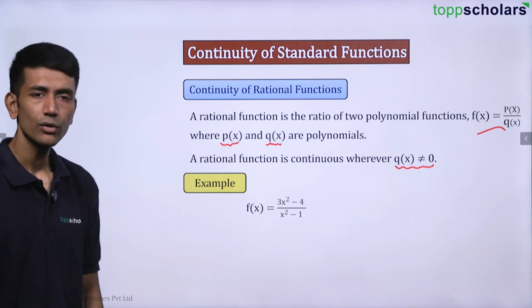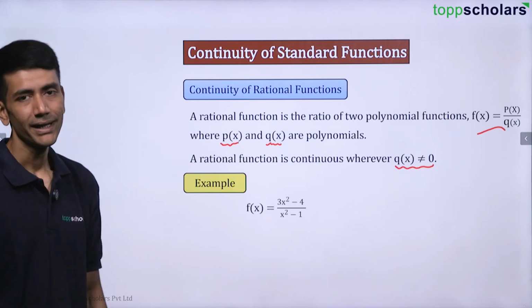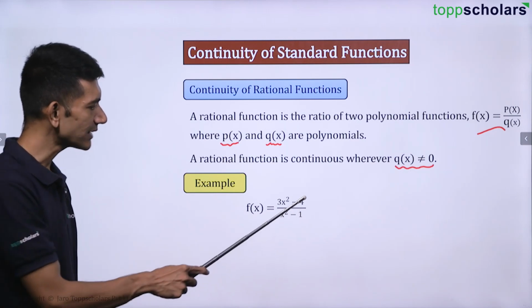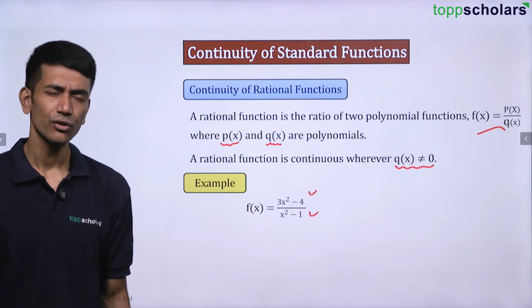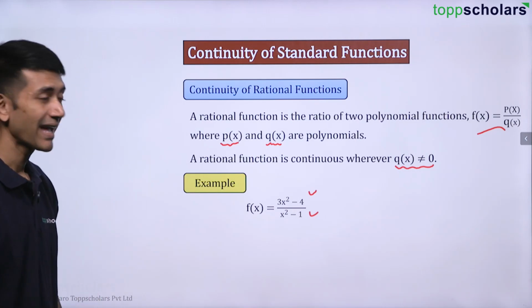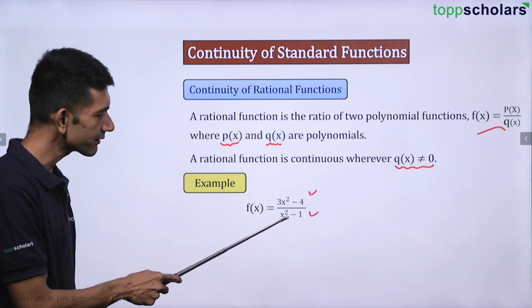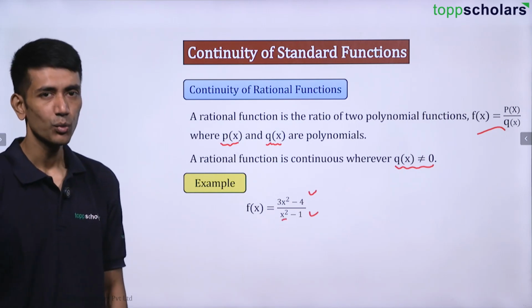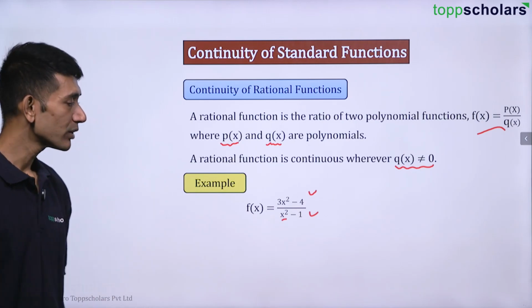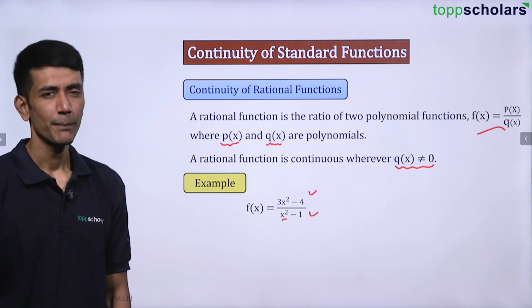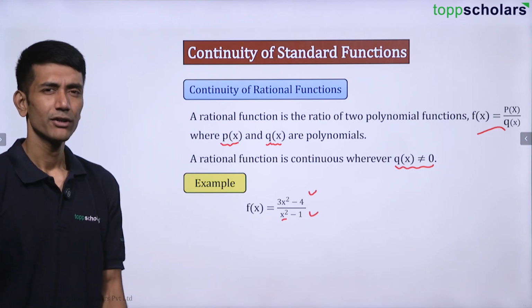Let us see an example now. So we have f of x is equal to 3x square minus 4 by x square minus 1. So this is a rational function, isn't it? Now, is this rational function always continuous on the set of all real numbers? Actually no, because if I put the value of x as 1, 1 square minus 1 will become 0. Even if I put the value of x as minus 1, minus 1 square is 1, 1 minus 1 is 0.